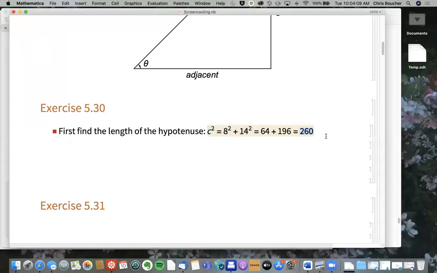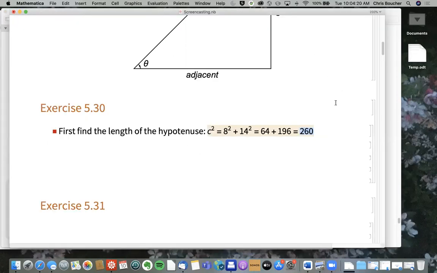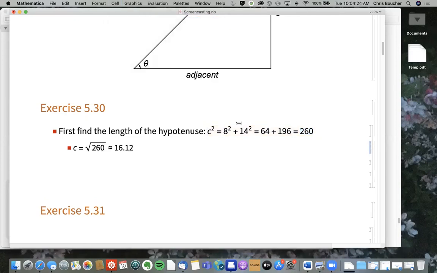And when I do that math, I come out to 260 for the value of C squared. So the sine of my angle is going to be 8 divided by, not 260, but the square root of 260, of course, because I want C and not C squared. When I take the square root here, I get about 16.12 on my calculator.